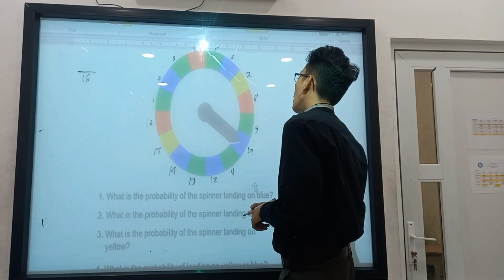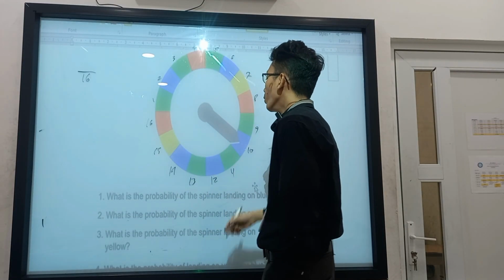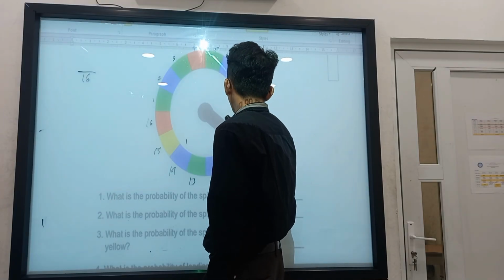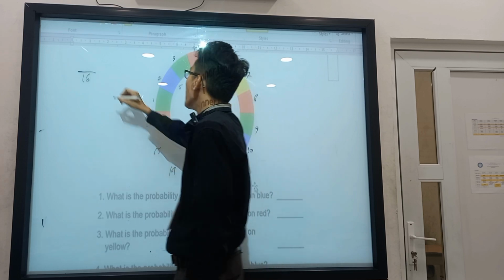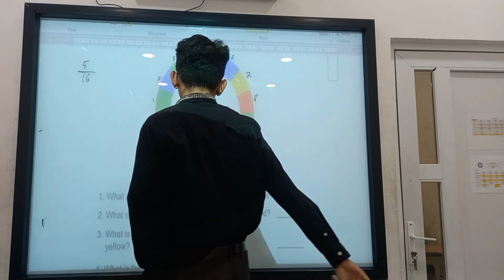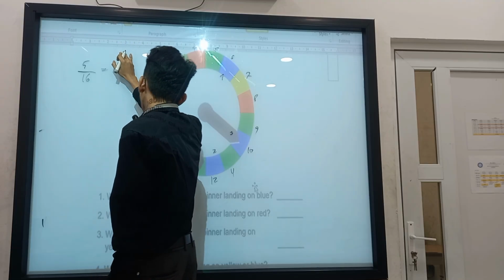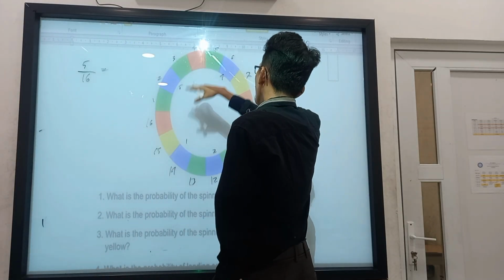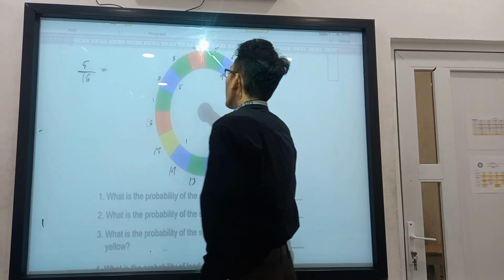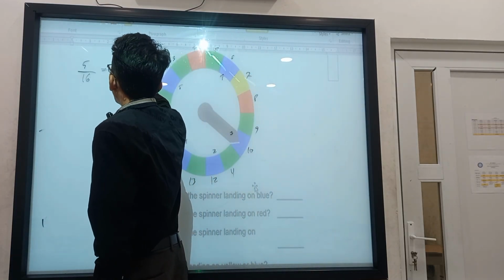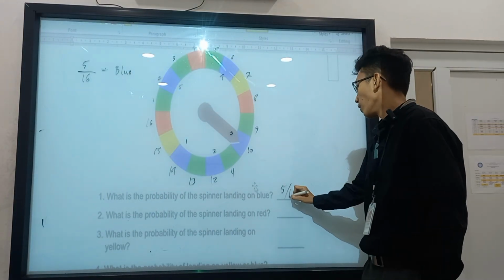And then we count how many parts of the spinner are the blue one. 1, 2, 3, 4, 5. So it will be 5 out of 16. That means 5 out of 16 is the probability that when you spin the spinner, the arrow will land on blue. This one is 5 out of 16.